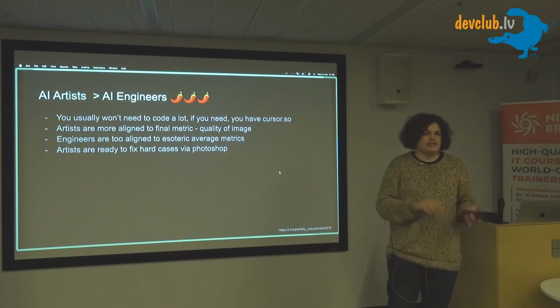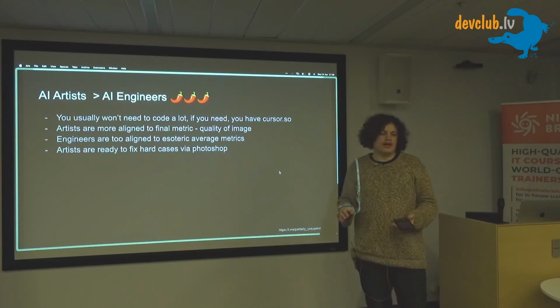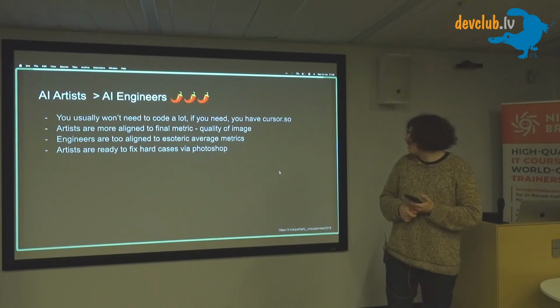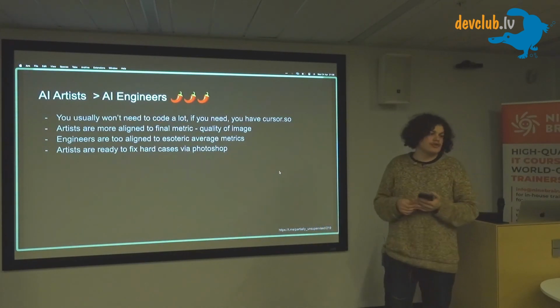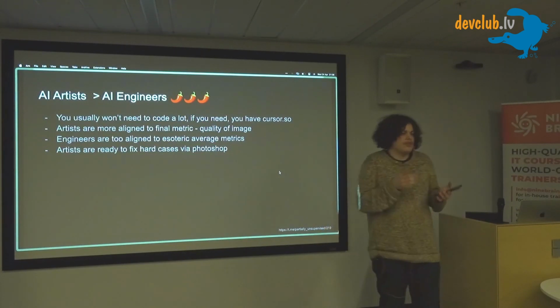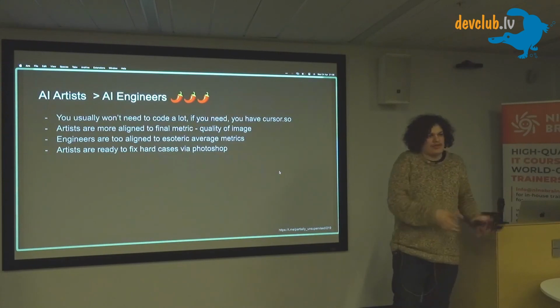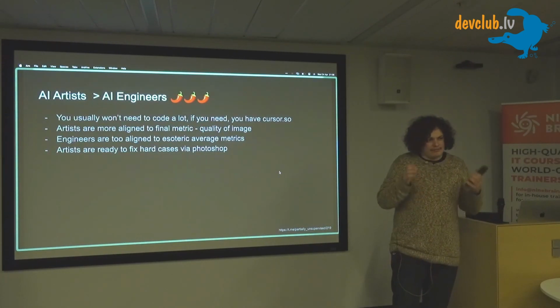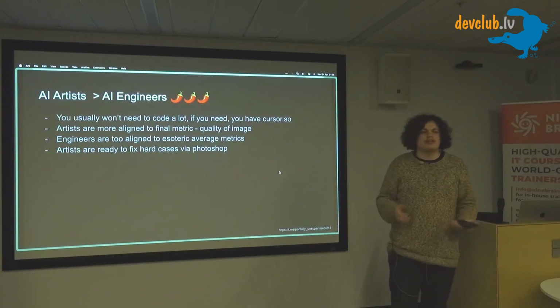So in the average case scenario, the model would work averagely the best it can. But AI artists are more focused on the quality of a final image. They understand when they should use the AI model and when they should use Photoshop, and as they are mostly aligned, the quality of the final image will be much better.